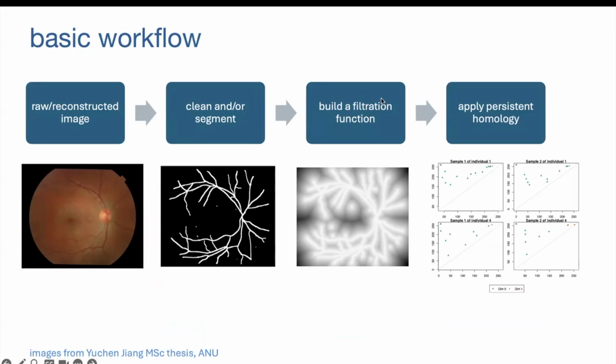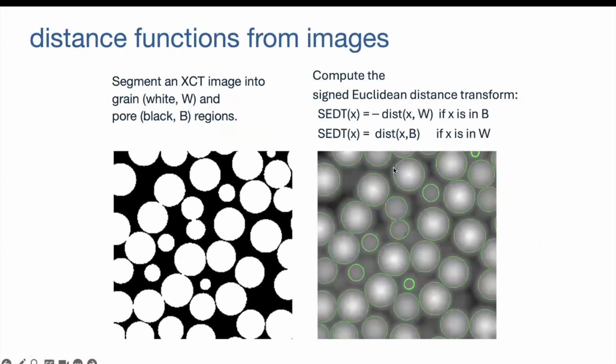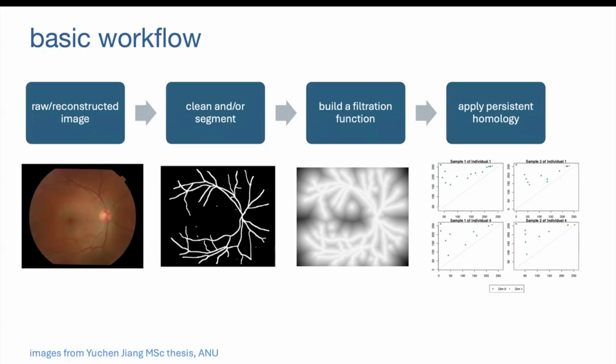So yes, what I wanted to talk about now was to do with building this filtration function. Yes, okay, so signed distance transforms. That's what we're doing here. So we had a segmented image, and I want to characterize that segmented image geometrically.